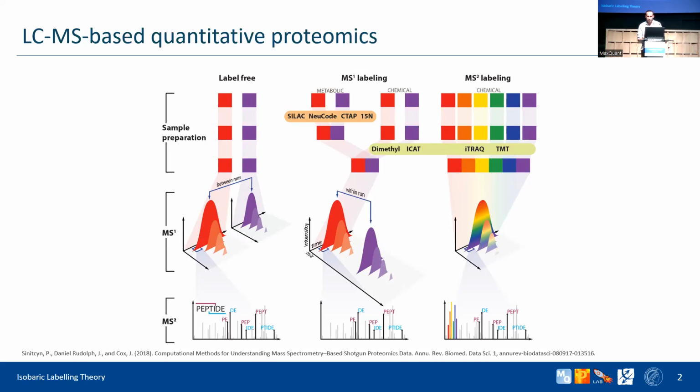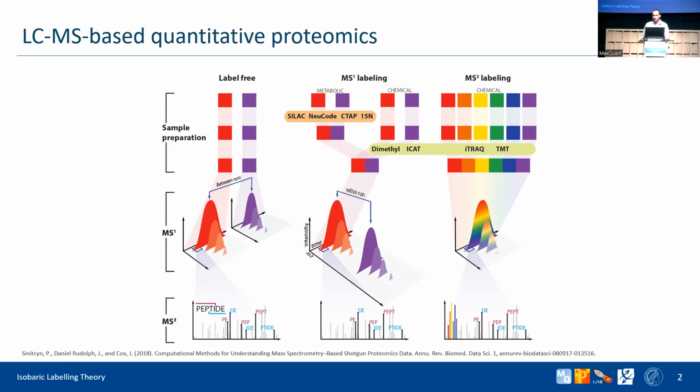What MS2 labeling does, on the other hand, is allow you to multiplex even higher. And the labels are not going to be detectable in your MS1 scan. Why? Because they are isobaric. They have the same, at least nominal, identical mass.